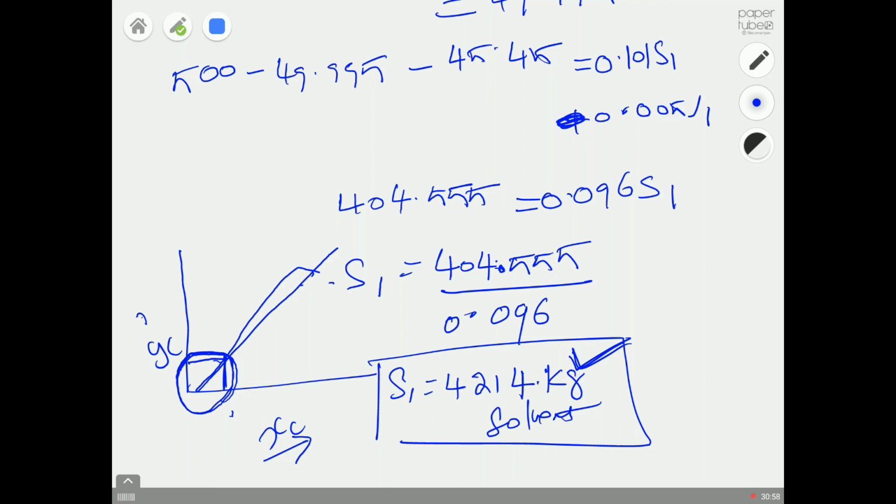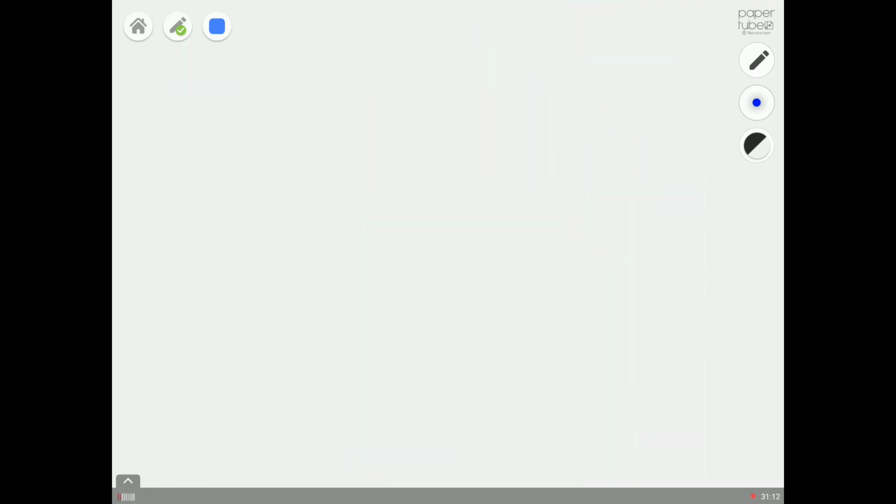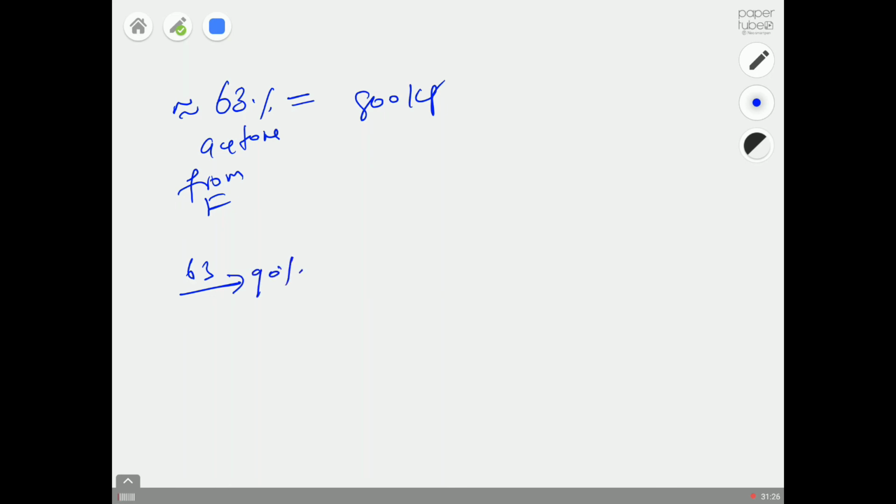That's the meaning of this. That's the take-home message you have to know: to remove roughly 63 percent of acetone from the feed we need only 800 kg, but from 63 to 90 percent we need a massive amount of solvent.